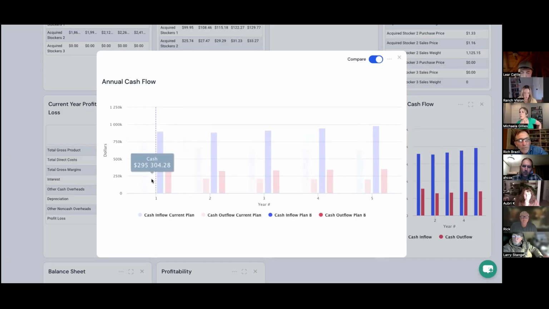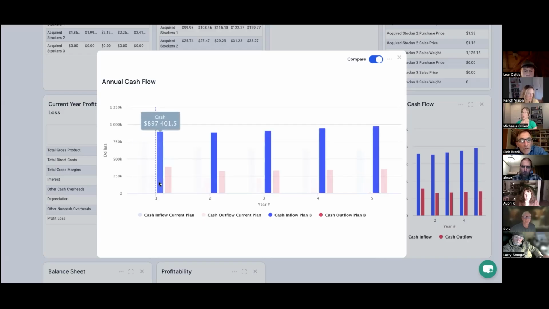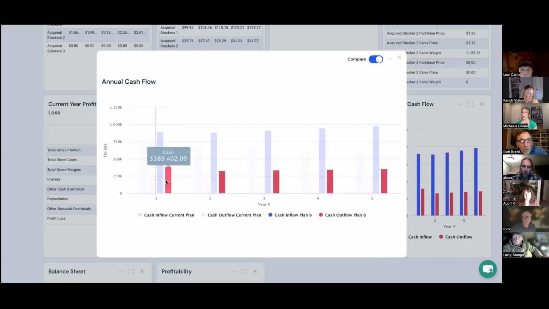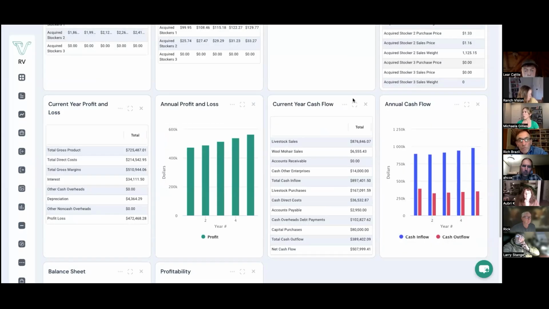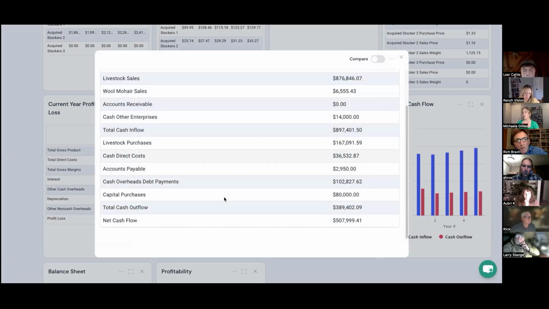So it's about 456 or something, positive cash flow. Now what's it going to be in year one? 897, almost 900. So yeah, over a $500,000 positive cash flow in year one. Again, that's taking into account repaying your loan in those 6 years, I guess we said, taking into account the interest payments and everything.